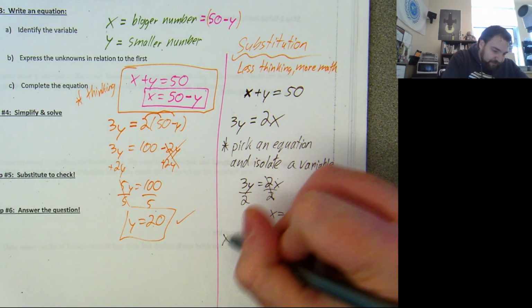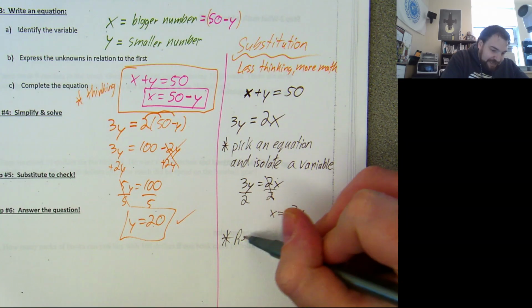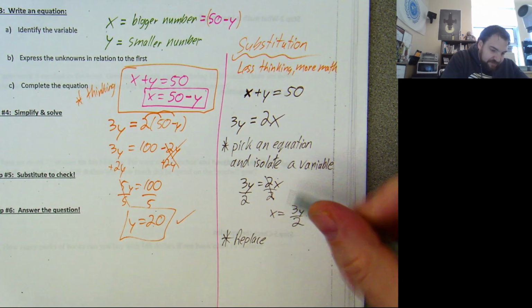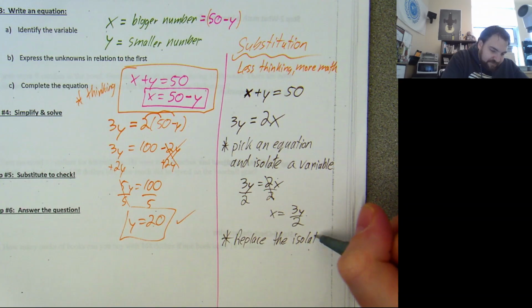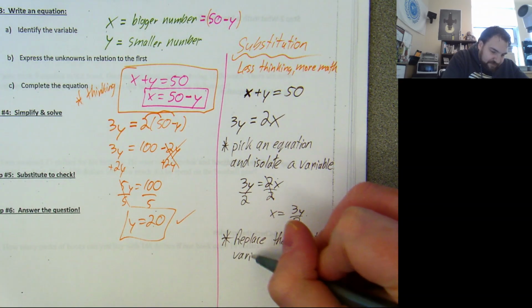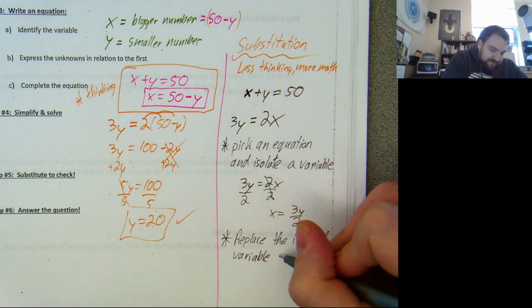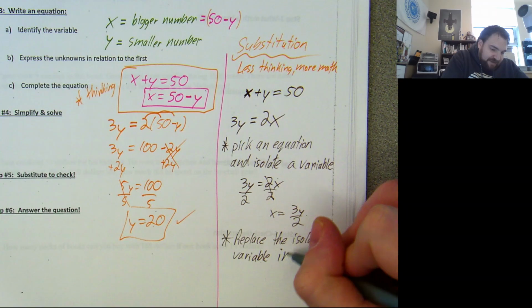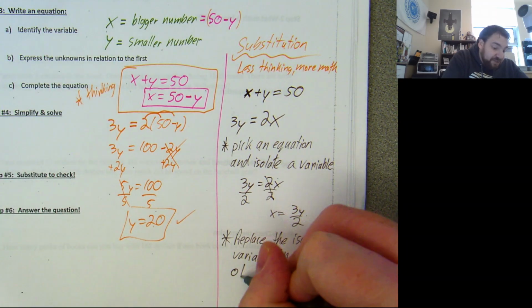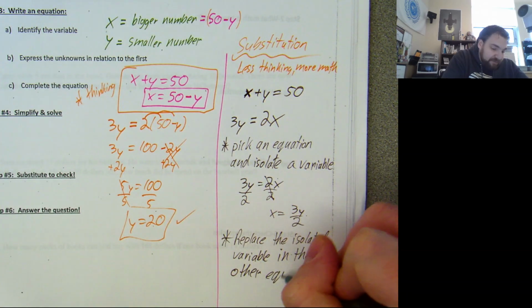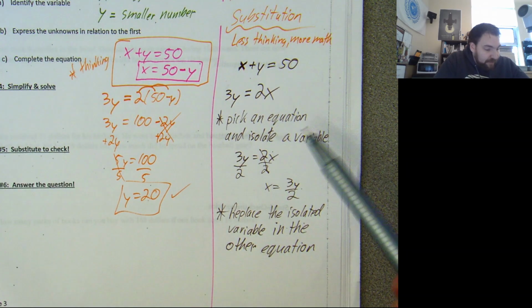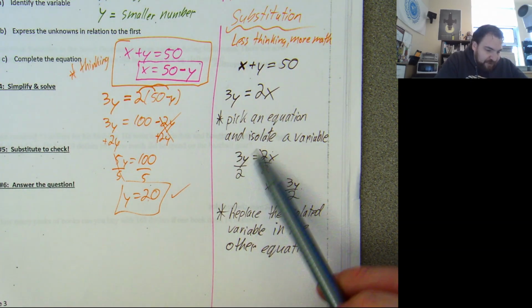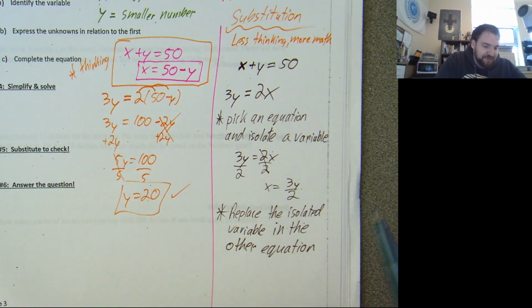Now what we're going to do is replace the isolated variable in the other equation, the equation we haven't worked with yet. So Ruben picked equation 2. We isolated the variable. We said 3y equals 2x. We divide both sides by 2. We get x equals 3y over 2.